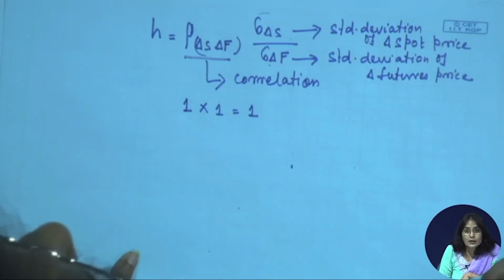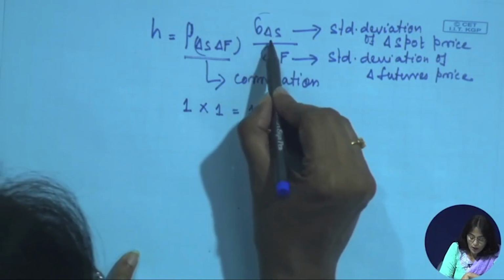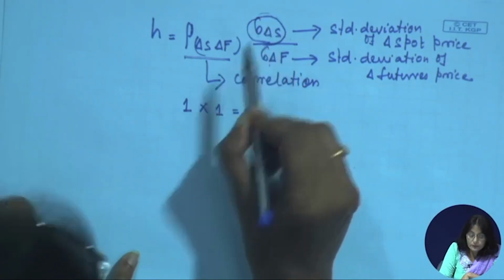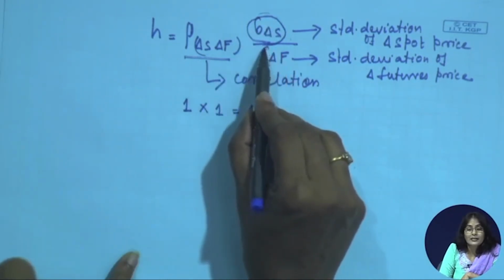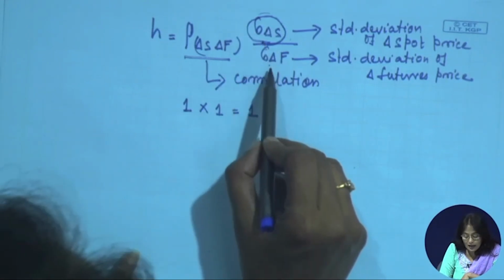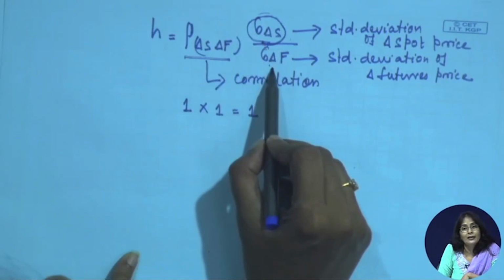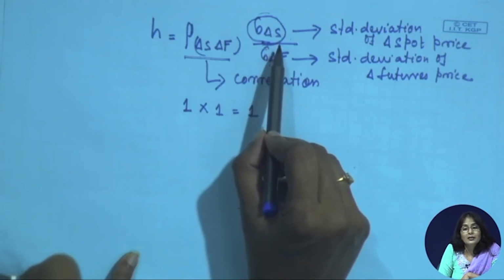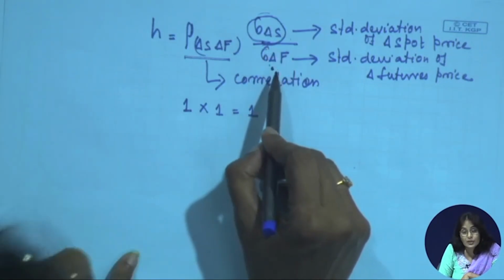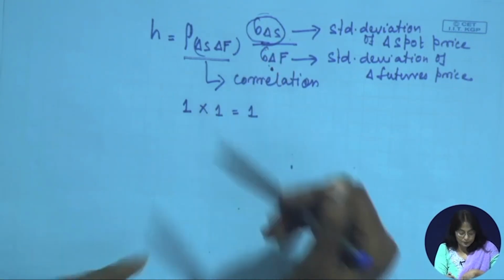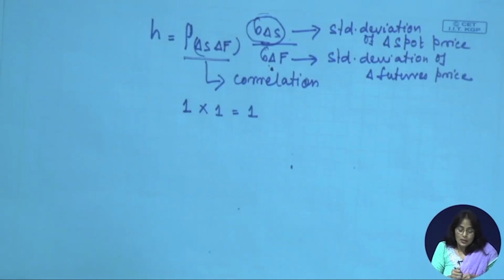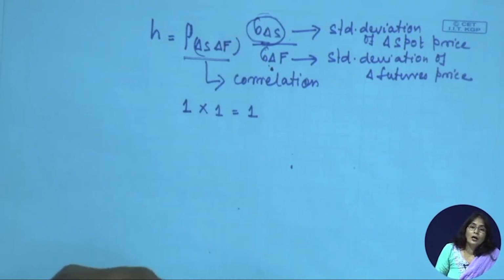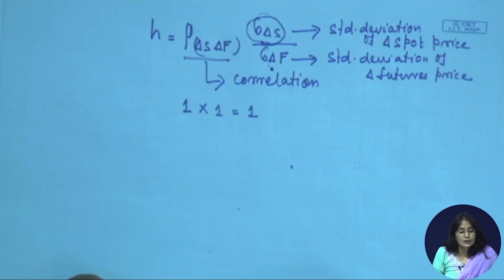It can be greater than 1 when the standard deviation of delta S is significantly higher than the standard deviation of delta F. That is, the future spot price has a greater volatility with respect to the futures price. So this is the situation where the minimum variance hedge ratio can be greater than 1.